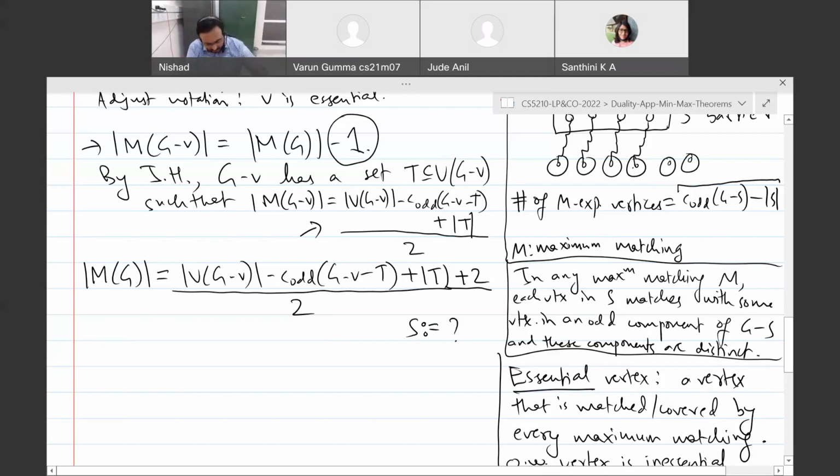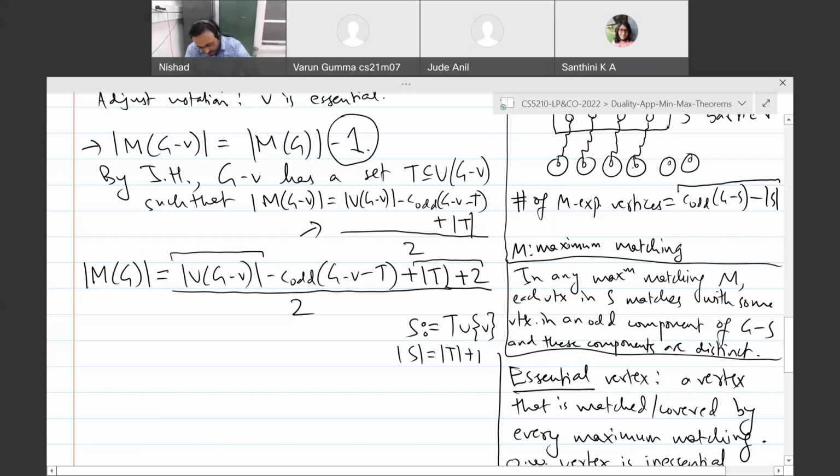Well, if you look at these quantities here, things start becoming a bit clear. What we want is a set S, and we want to get rid of this plus 2. One way to do that would be to simply take T union V. If I do that, then the cardinality of S is exactly equal to the cardinality of T plus 1.